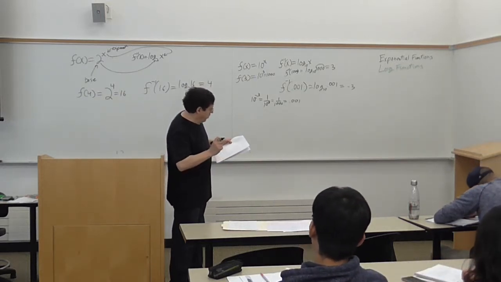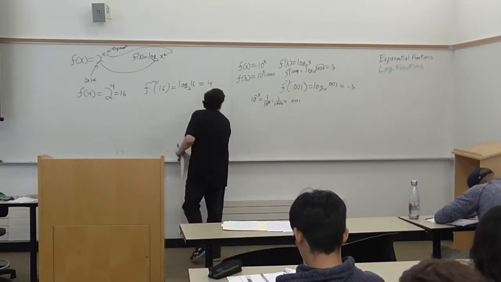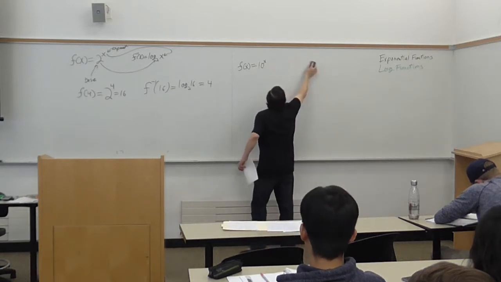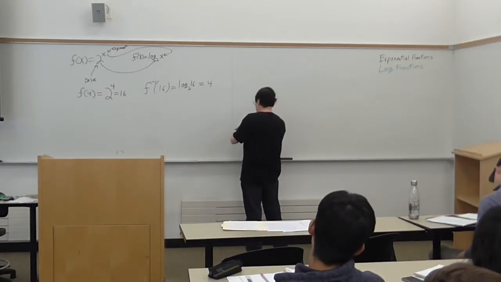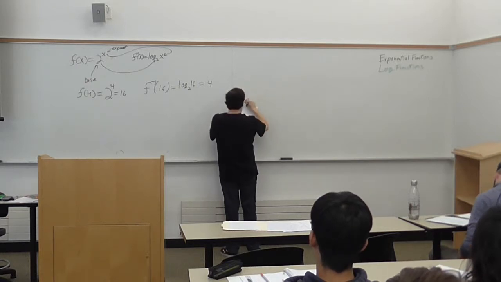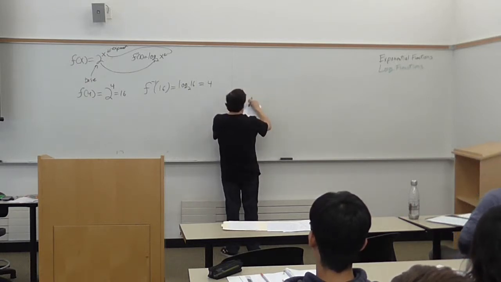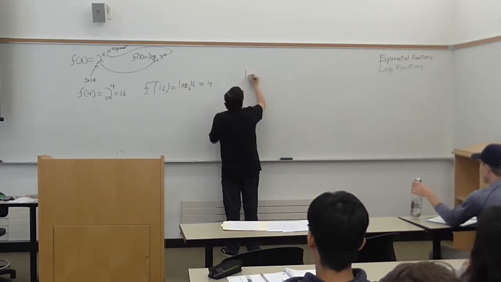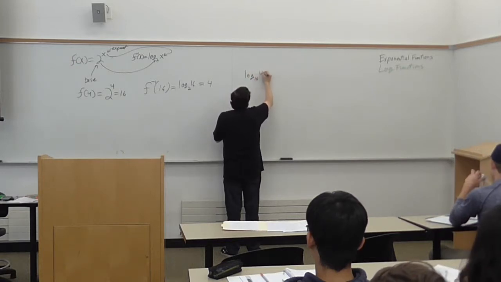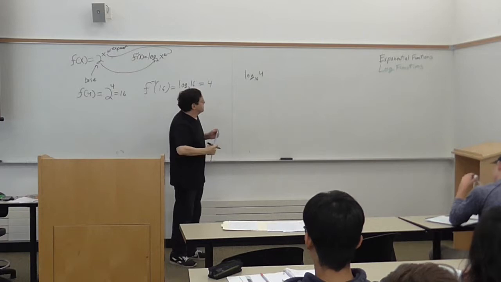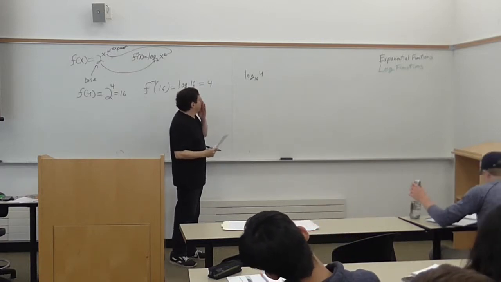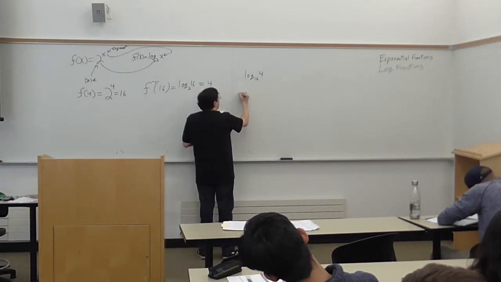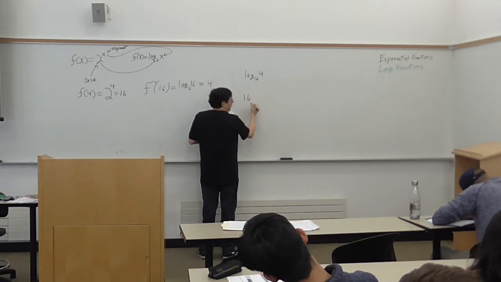All right, let's do one more that's a little more difficult. Let's look at the log to the base 16 of 4. So what I mean is, if I have 16, see, I even get confused by this.